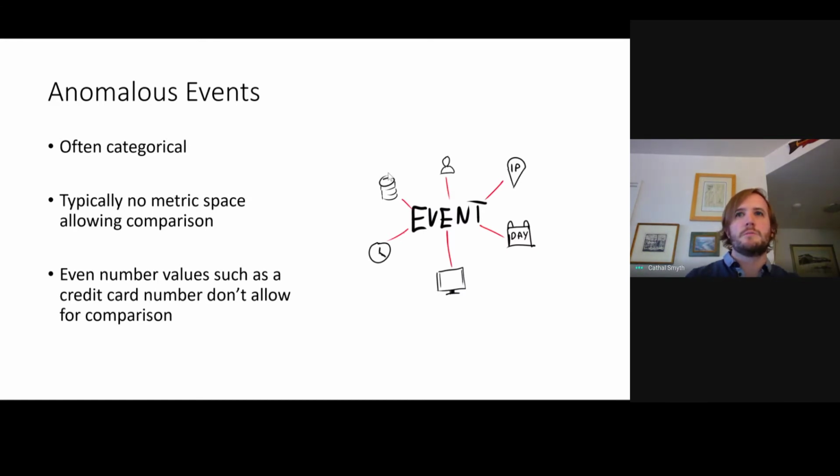So you can't say database 1 is greater than database 0. Even if 1 is greater than 0, it doesn't actually mean anything to compare one of these two categorical things, right? There's no metric that you can use to say this is greater than this or less than that. Even if it's a credit card number, obviously this is not something that we can compare.